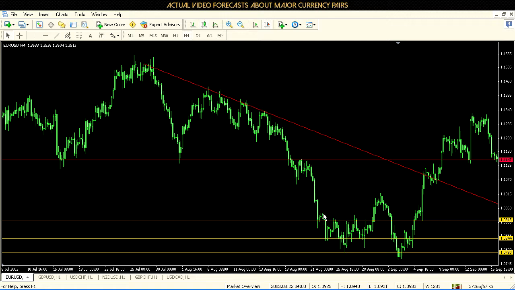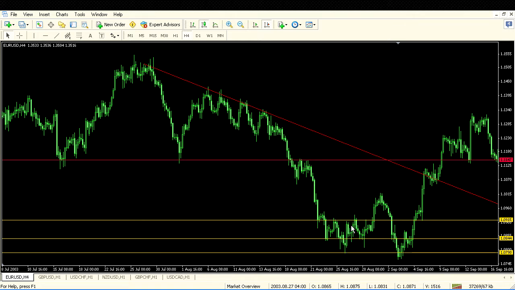Please note how the market confirms the correctness of our calculations. The price drops to the first level and goes back up for a while. Why? The participants started to close deals. We see the same scenario in the second case. The market goes a little back upwards when it gets to the second level. It is corrected because a lot of the participants got what they wanted and closed their positions.